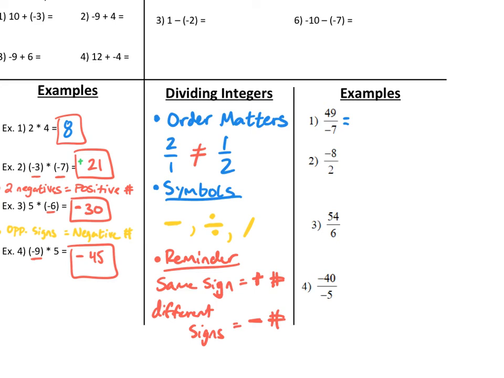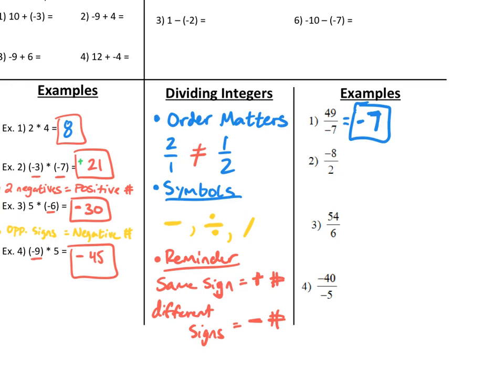All right, so we know that 49 divided by 7 is really just the number 7. However, they are one positive and one negative, so it's a -7. Good job. All right. Same thing here with number 2.